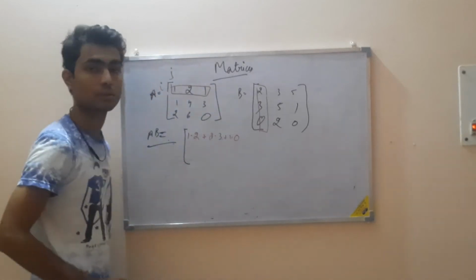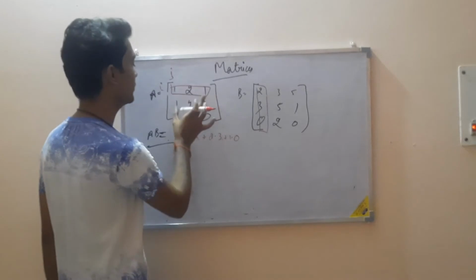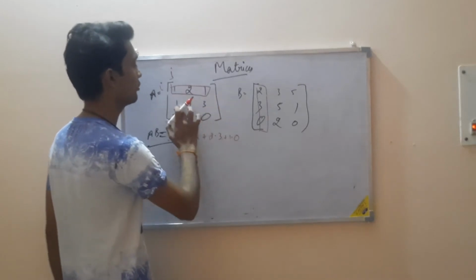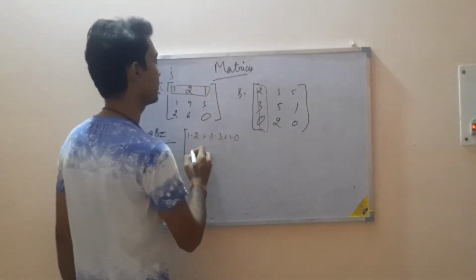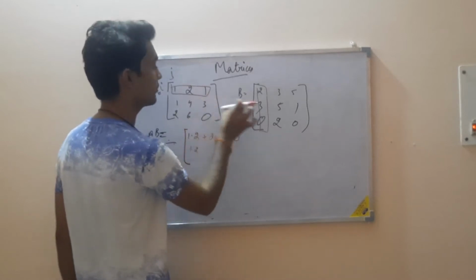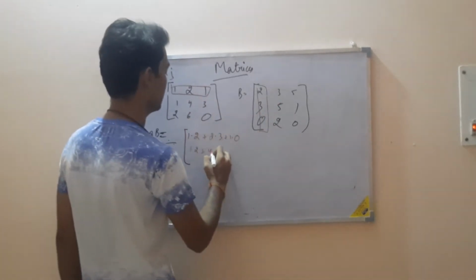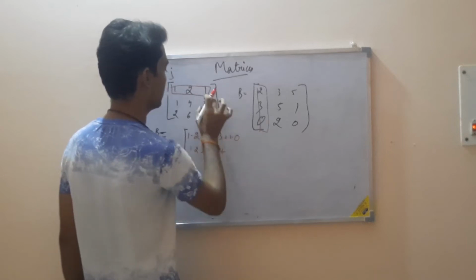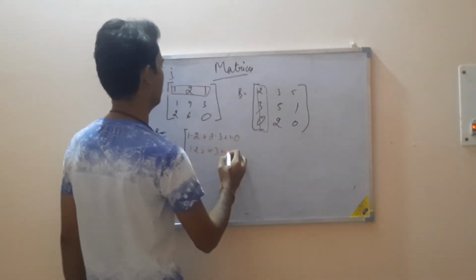Now 1 4 3. Now coming to this position, it will be 1 into 2, multiplying this with this 4, plus 3 into 0.